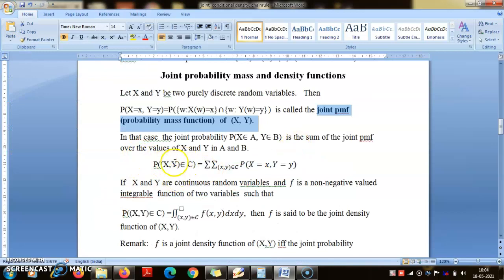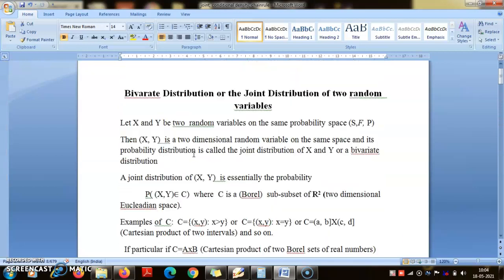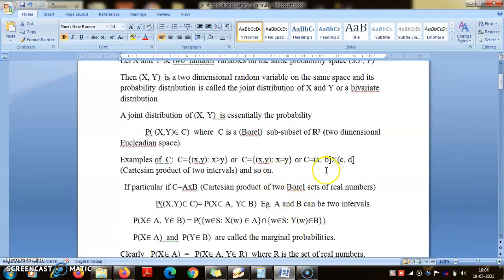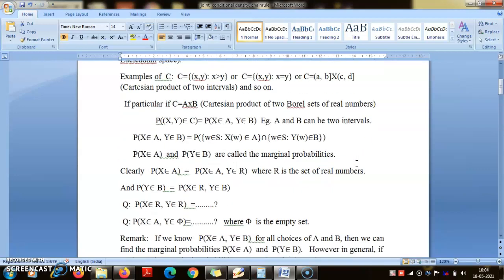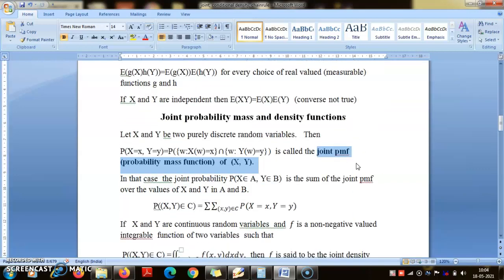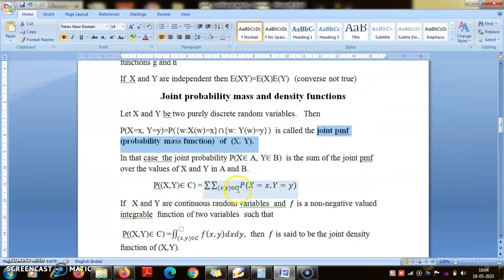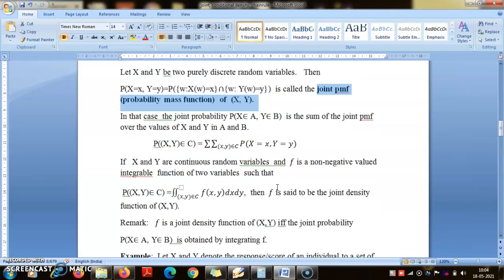Then how do you find the probability that (X, Y) is in some subset? Suppose you want to find the probability that X is in the interval AB and Y is in the interval CD. Then you sum over all values of X and Y which satisfy this condition: find all values of X between A and B, all values of Y between C and D, and sum them up.